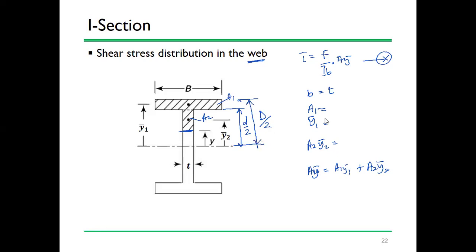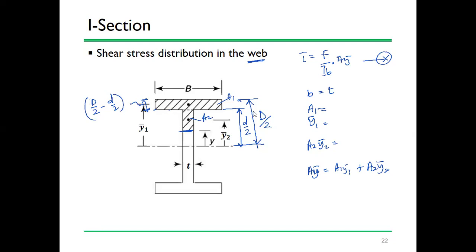So if you want to calculate for A1, A1 is this, the width of this one from here to here, and then the B is here. So if you want to know this width, then we can simply say that it is the overall D over 2, when we subtract the distance from here to here, which is small d over 2. If we do this, we'll be able to get this small area.